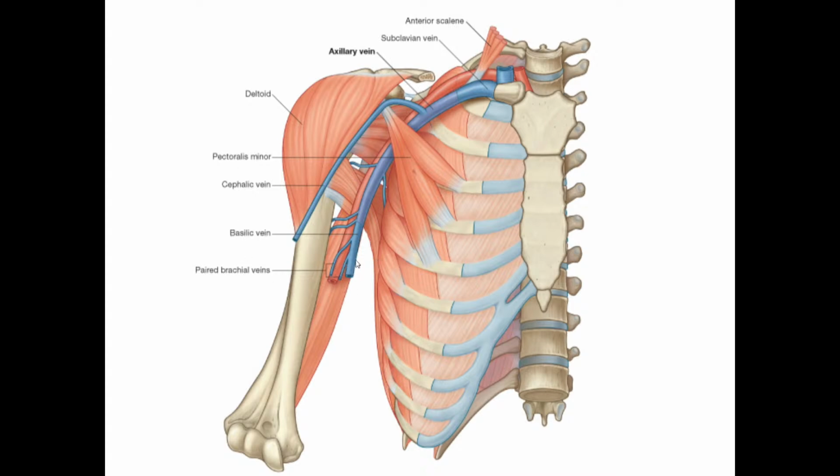Then it becomes, for example, a basilic vein, right? And it becomes the axillary vein, and it goes to the subclavian artery, right? Sorry, subclavian vein. Also, we have the cephalic vein, which is a branch of the axillary vein, and together they go into the subclavian vein.